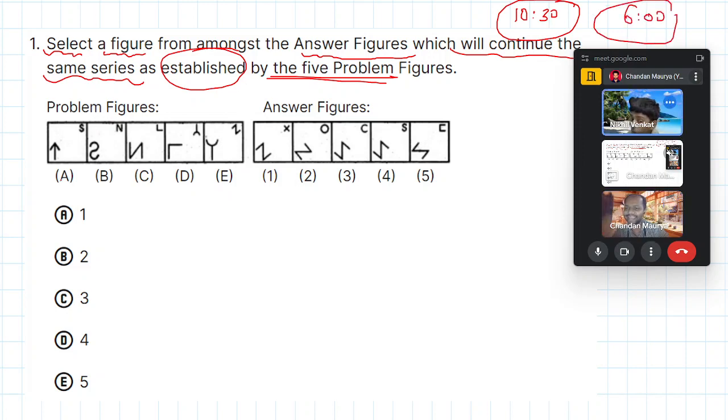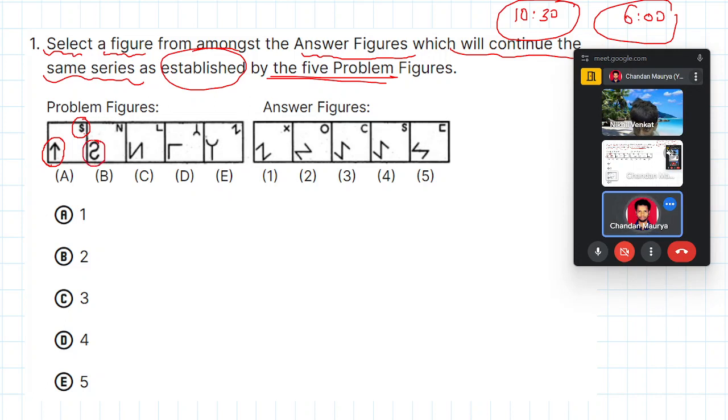I'm so sorry. So now see, this arrow is at the top, and this is S. In the next box we have S, but that is inverted, completely upside down.